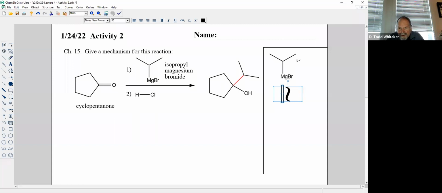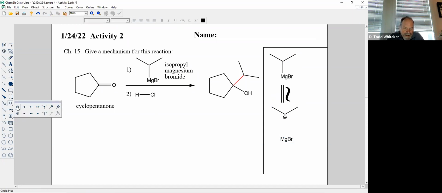Almost the same as an anion on this carbon and a cation here. That's kind of like ignoring a spectator, isn't it? Except it's a weird spectator. There's your cation, here's your anion.